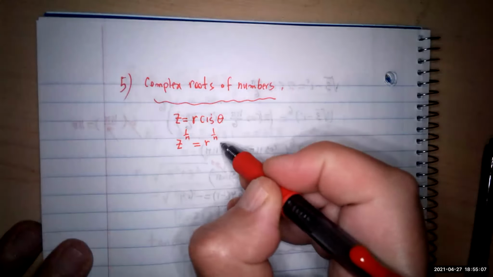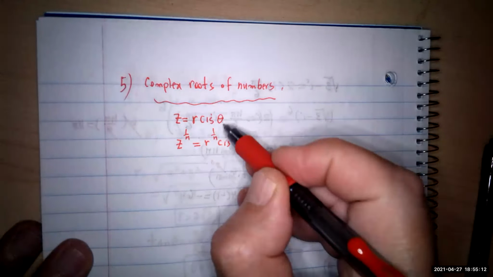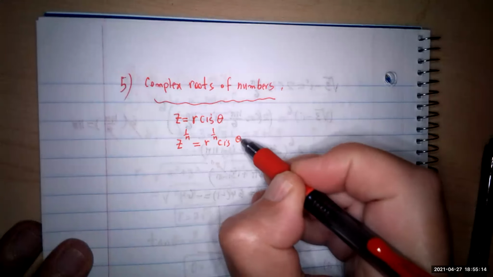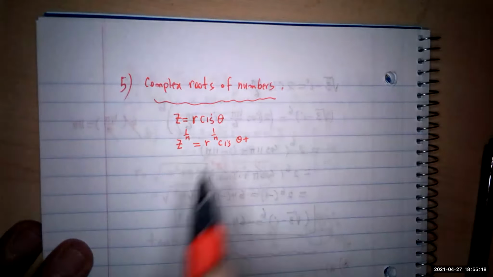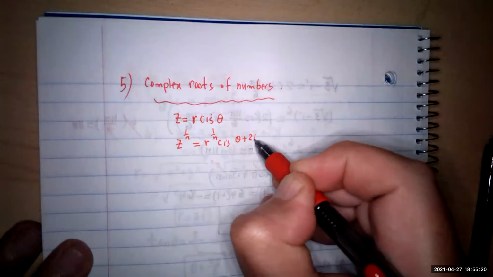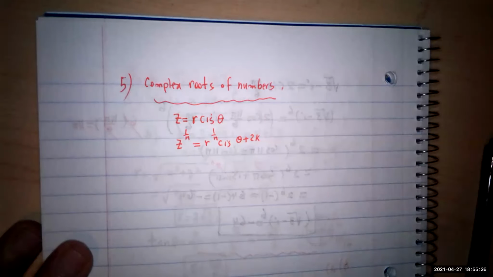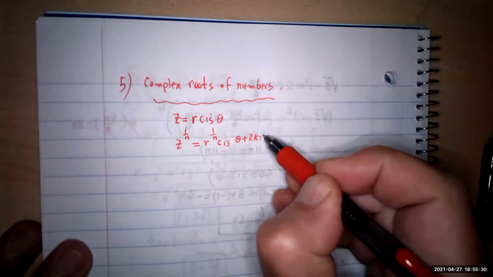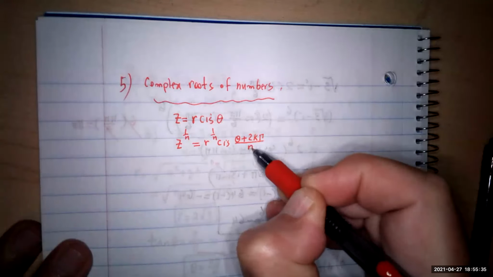It is the cis of theta plus 2k pi, divided by n. The 2k pi is just the period of the function. You know that the cosine and the sine are periodic, and the period is 2 pi.